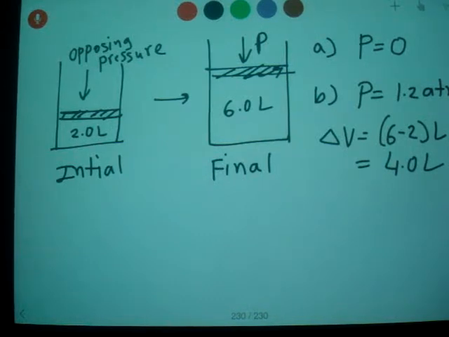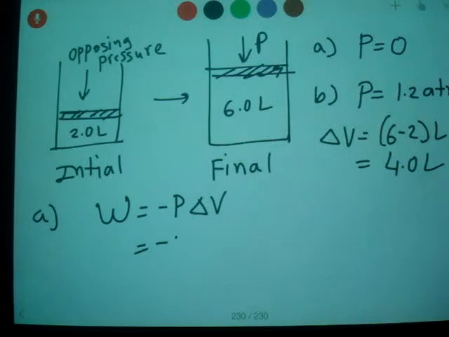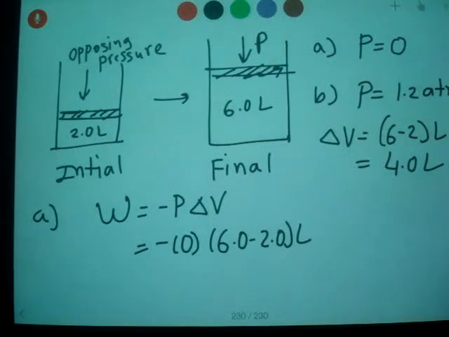So work done in a gas expansion is equal to the product of external pressure and change in volume. We know that W equals minus P delta V. First we will work on the vacuum case: minus P delta V. We have 0 pressure because it's under vacuum, and 6 minus 2 liter, so we get 0 work done.